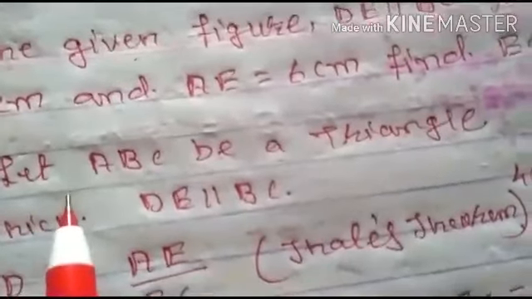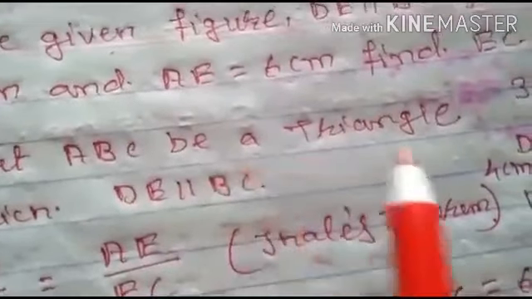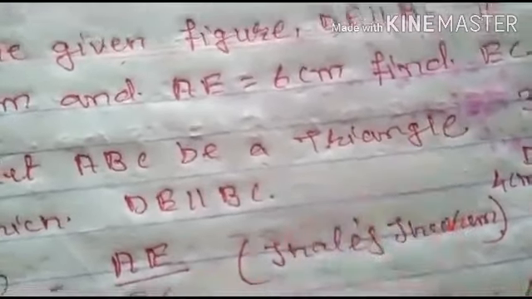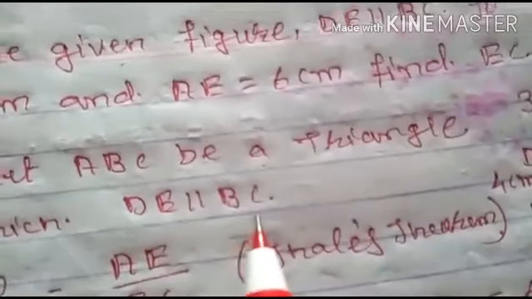So in this figure, first we start, let ABC be a triangle in which DE is parallel to BC.